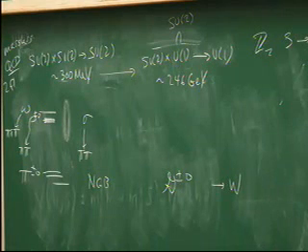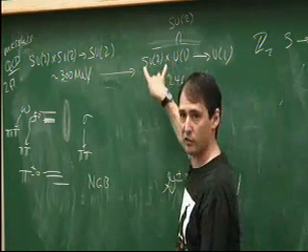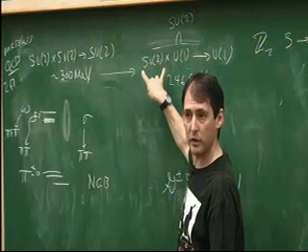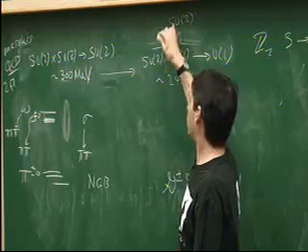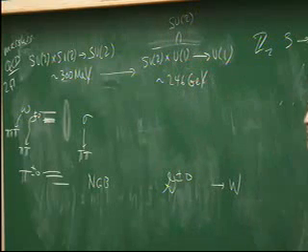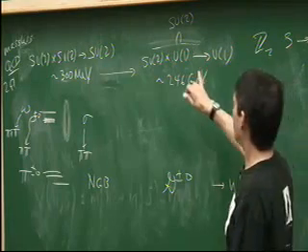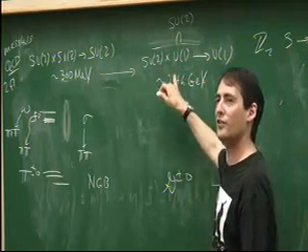If you turned off the gauge couplings, there would be an SU2 cross SU2 global symmetry. With the gauge couplings on, you have SU2 cross U1 gauged, and that breaks any remnant of the remaining SU2 explicitly. And then you have spontaneous breaking. Well, since you've gauged it, it's not really spontaneous breaking.